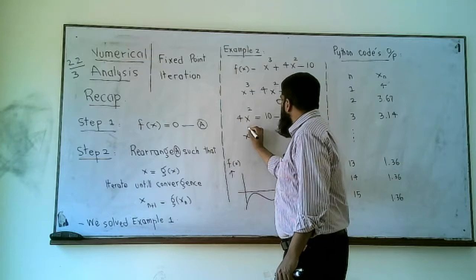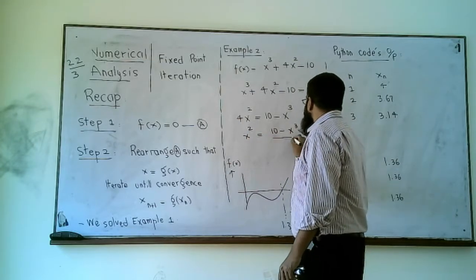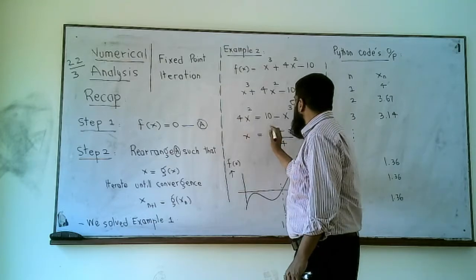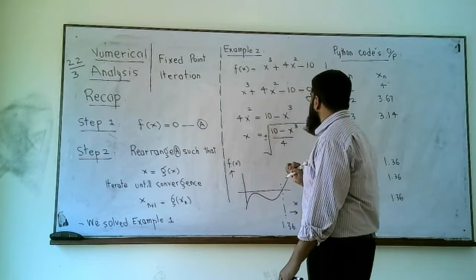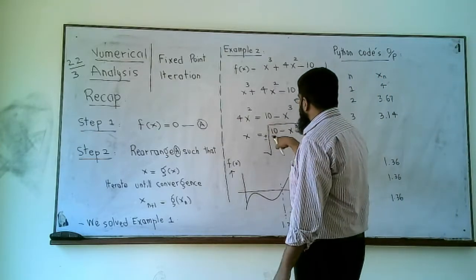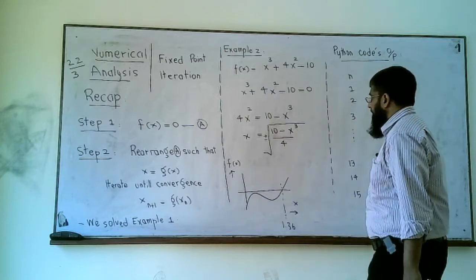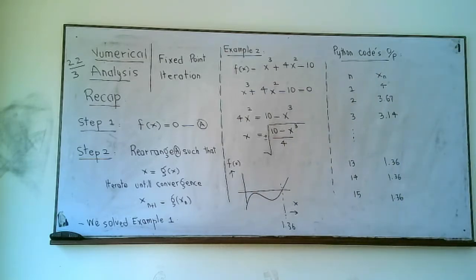So x squared is 10 minus x cubed over 4, or x is plus or minus the square root of (10 minus x cubed) over 4. We can also write it as plus or minus 1 over 2 times the square root of 10 minus x cubed, because the square root of 4 is 2. We can also write it like that.